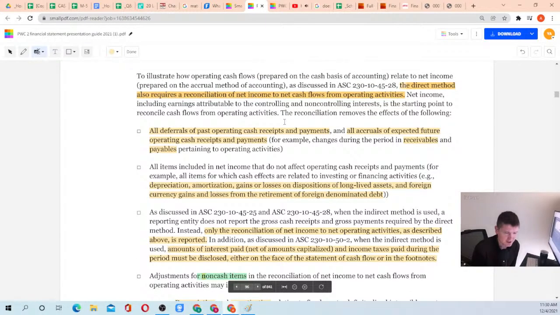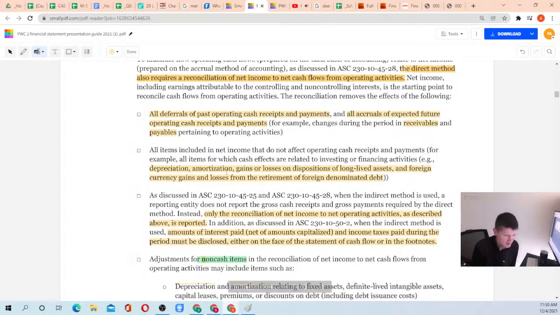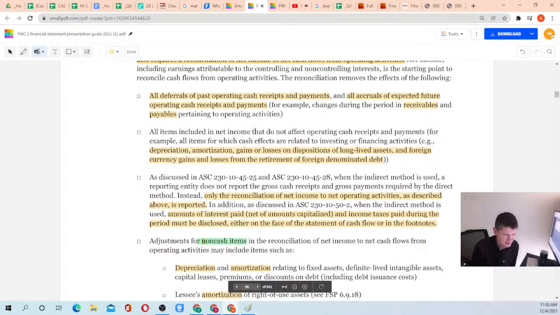And here is the description of the reconciliation which we can perform. So we have deferrals of past operating cash receipts and payments, which is our opening accounts receivable and payable, accruals of expected future operating cash receipts and payments, and all items included in net income that do not affect operating cash receipts and payments, like depreciation, amortization, gains and losses, and so on.